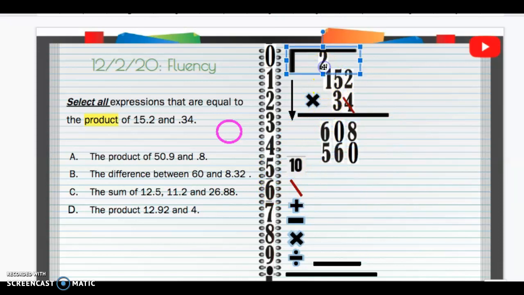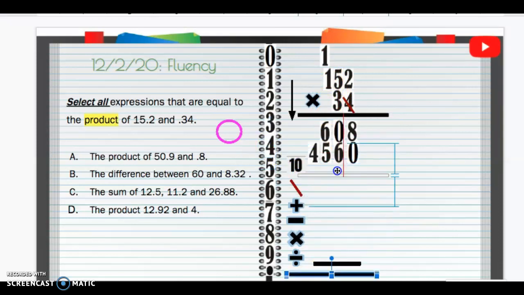Bring up the 1. So that 2 we do not need. We did the 3 times 5 said 15, so our 5 is here. We got to bring up the 1. 3 times 1 is 3, plus 1 is 4.